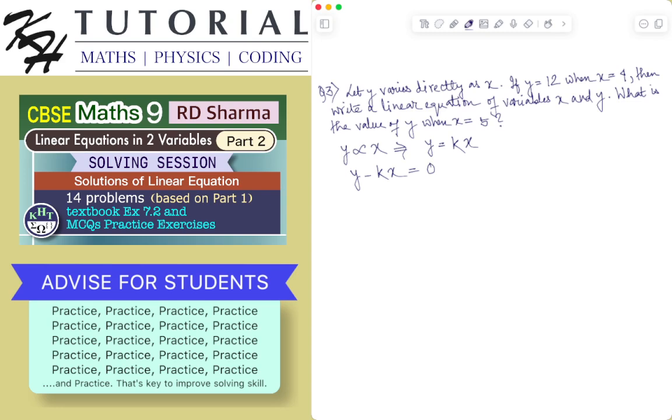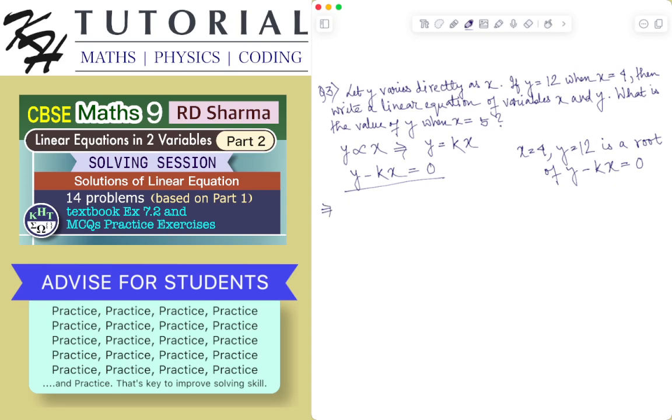This means that from this equation, when x is 4, y is 12, which means that x equals 4 and y equals 12 is a root of y minus kx equals 0.